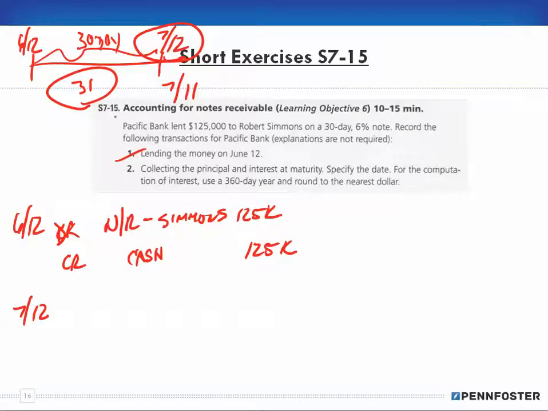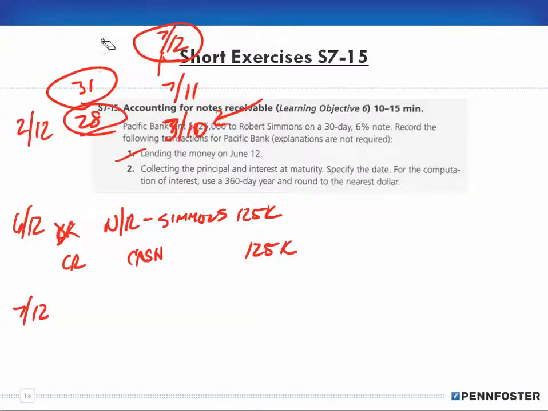Or in the case if this was February, where you were going across the month of February that only had 28 days, the date would come out earlier in March as well. So you have to pay attention to the number of days in the month in order to arrive at the correct maturity date.